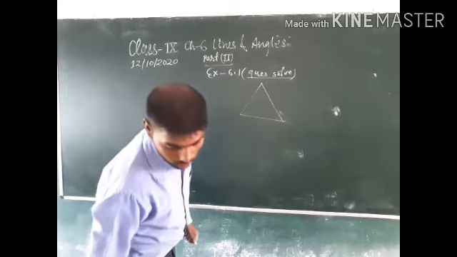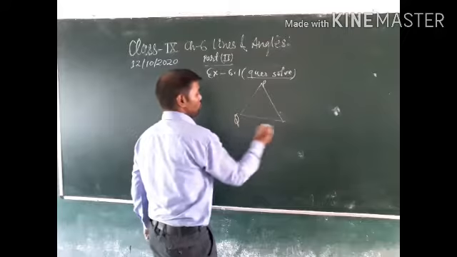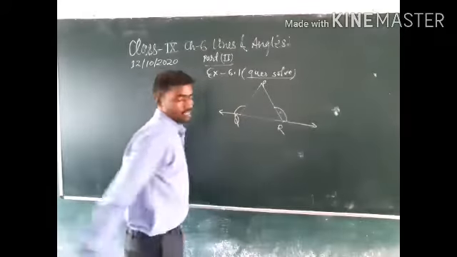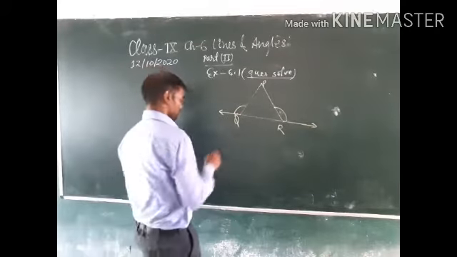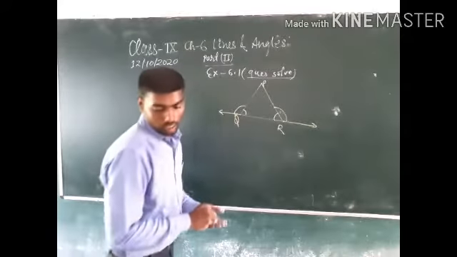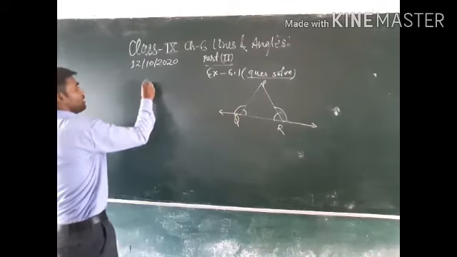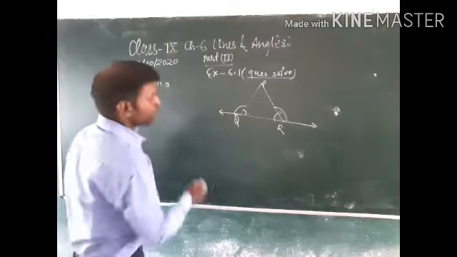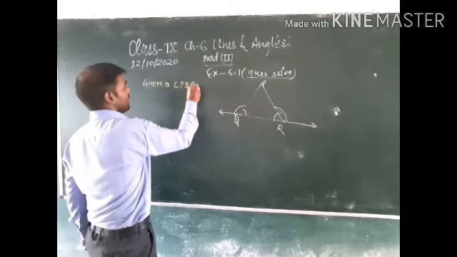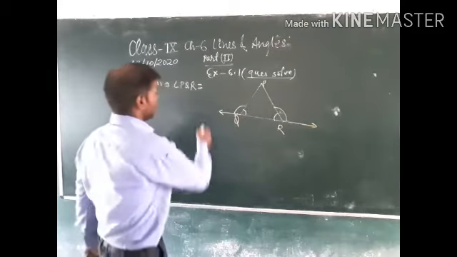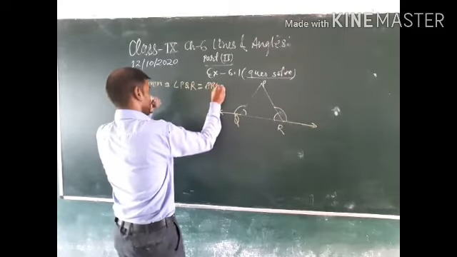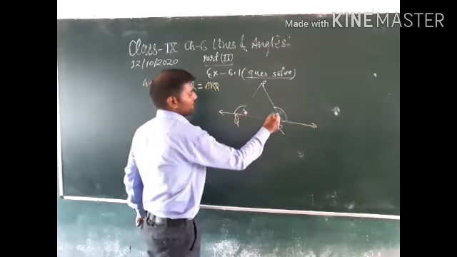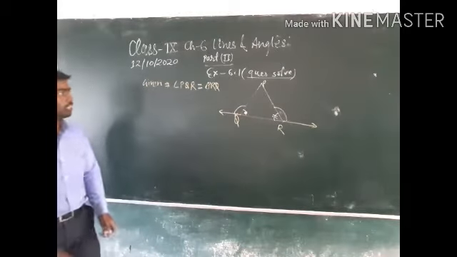This is PQR. And this angle and this angle are given, and this angle and this angle are given. First of all we write given. What is the given? Given is angle PQR is equal to angle PRQ. It means this angle and this angle are equal to each other. What do we prove?